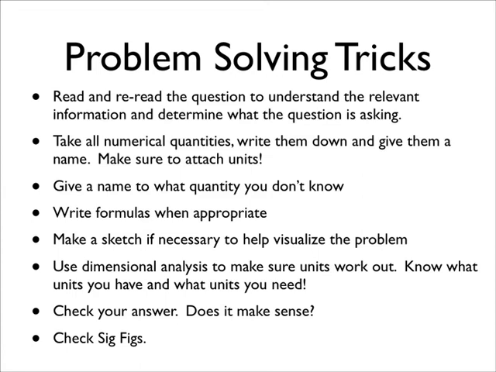Then you're going to use dimensional analysis to make sure your units work out. Know what you have and know what you need. Now, the final couple of pieces we didn't really go about, but it's always a good idea to look at your final answer and see if it makes sense.